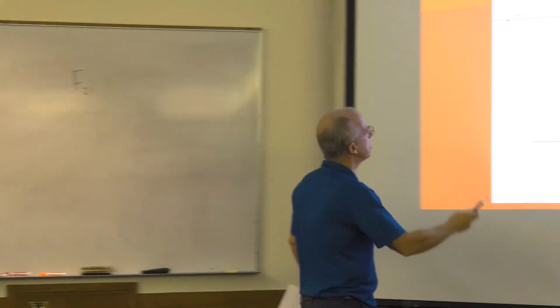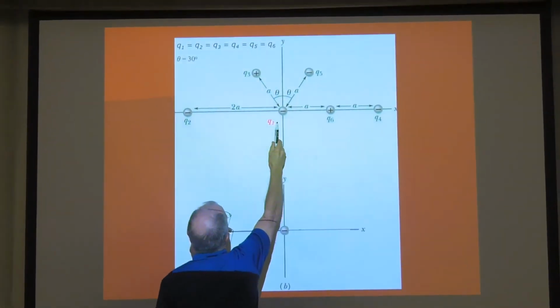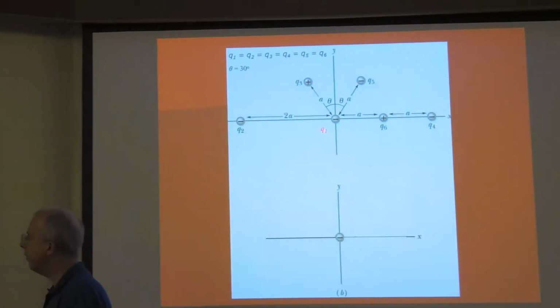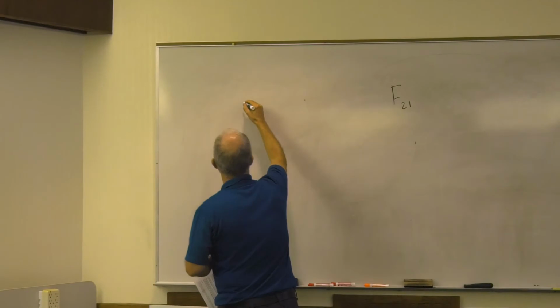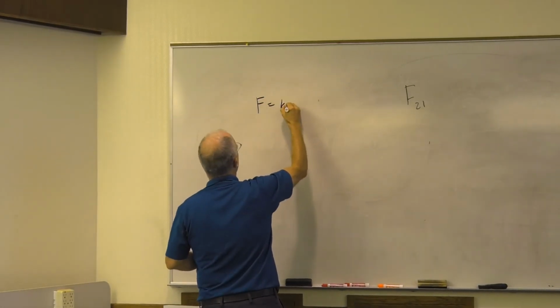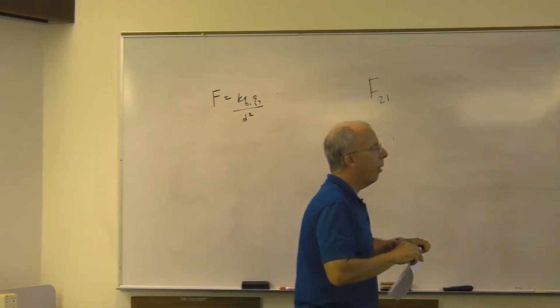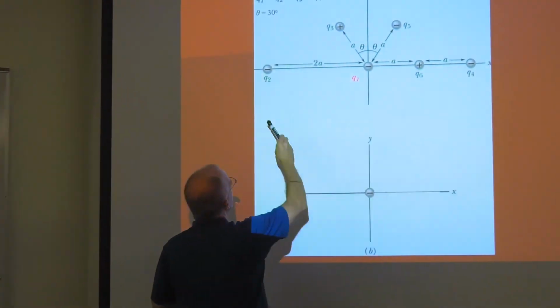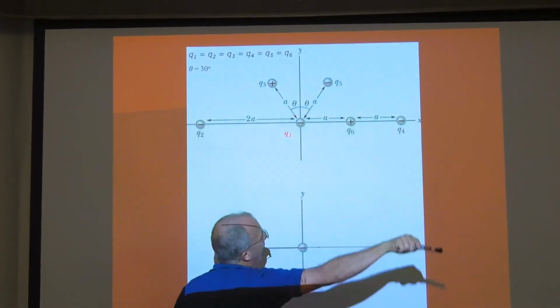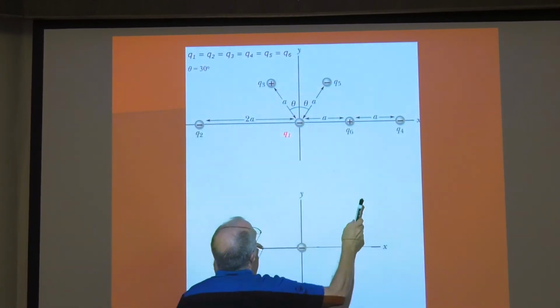So what's the force that this particle exerts on Q1? Now don't forget Coulomb's law. What is a negative going to do with a negative? It's going to push it to the right.